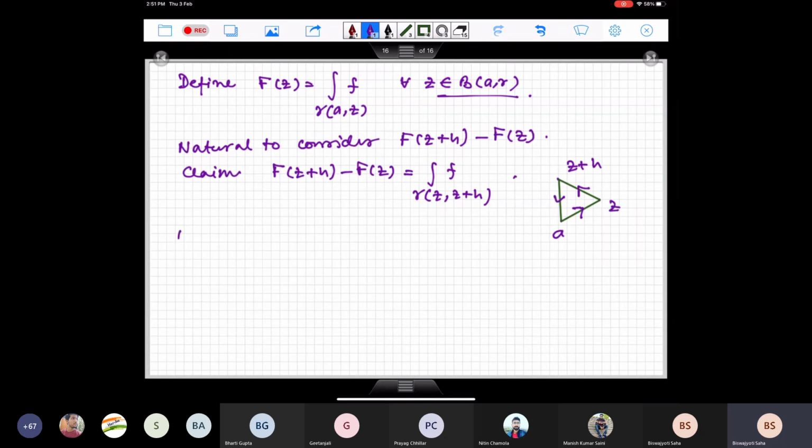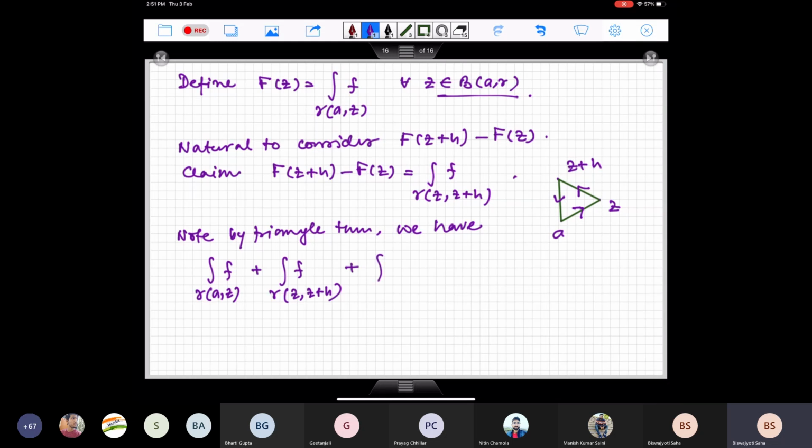So note, by the triangle theorem, what do I have? We have the integral of f over gamma a z, plus the integral of f over gamma z to z plus h, plus the integral of f over gamma z plus h to a. This quantity is 0.